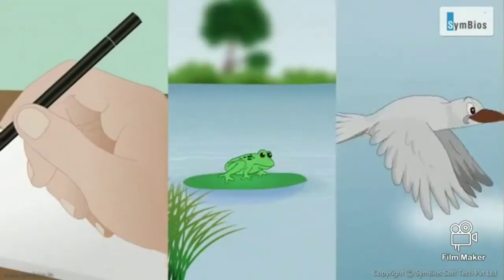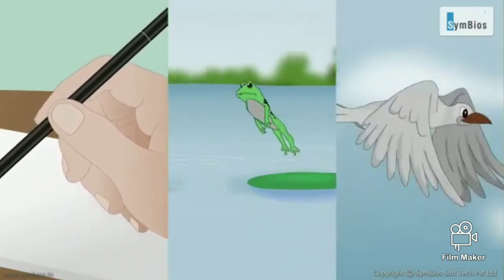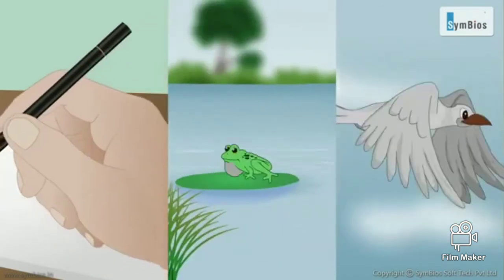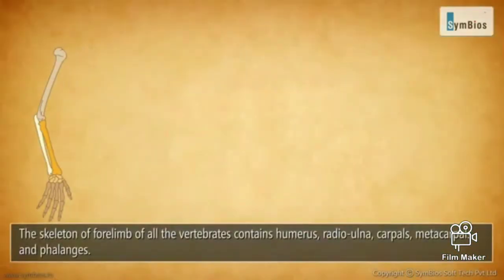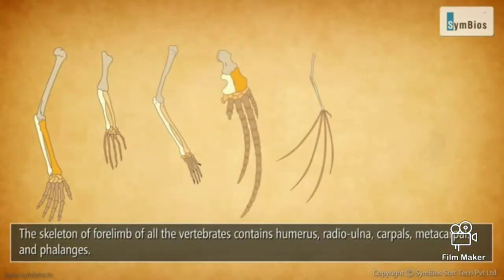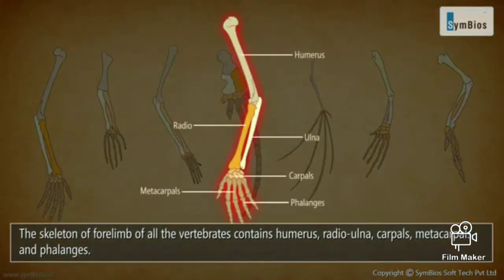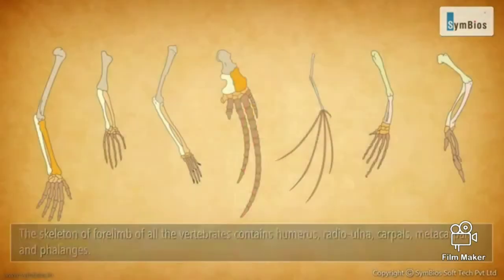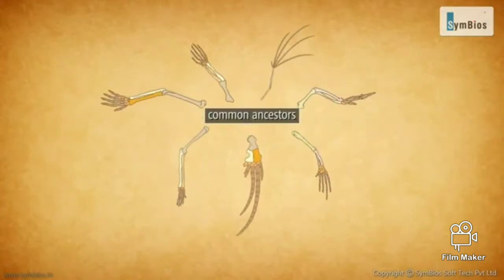Although forelimbs in these vertebrates are modified for a variety of uses, they are constructed on the same fundamental plan. The skeleton of forelimb of all the vertebrates contains humerus, radioulna, carpals, metacarpals, and phalanx. This shows that all these organisms have evolved from common ancestors.